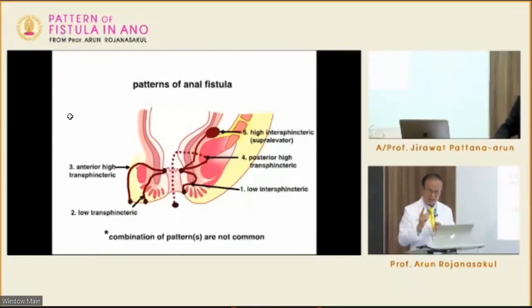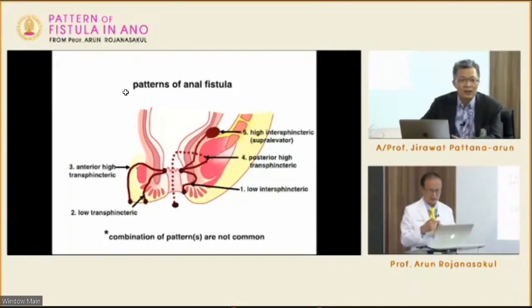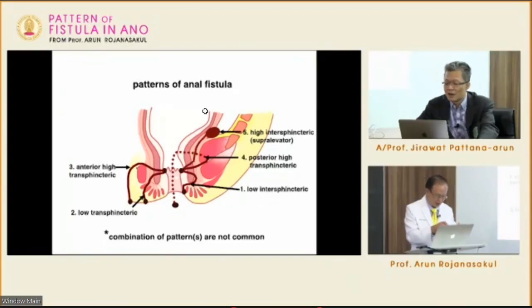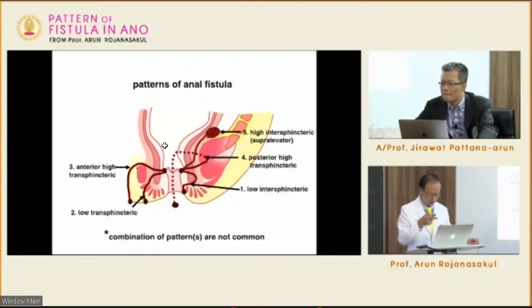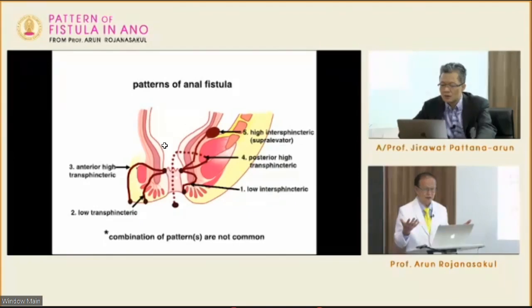Then the best way to identify the tract is to follow the tract. So just open it and open it again and follow it. But in that case, when I followed it, it stopped. It stopped one centimeter near the anus, and we could not go anywhere.